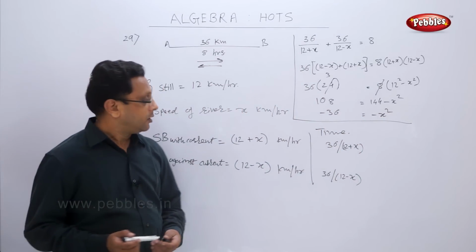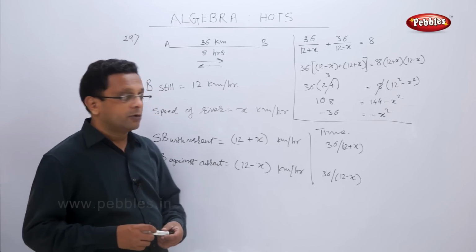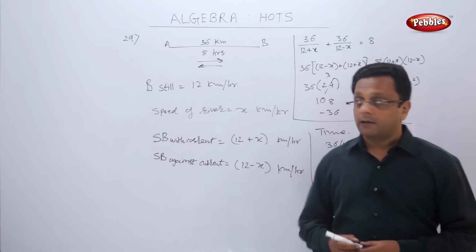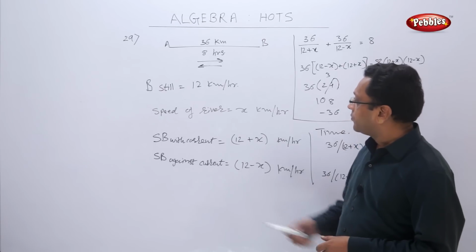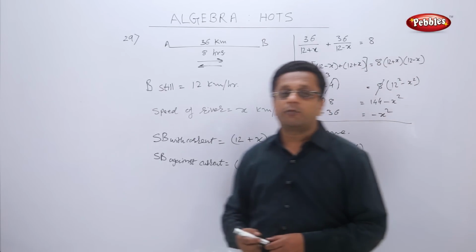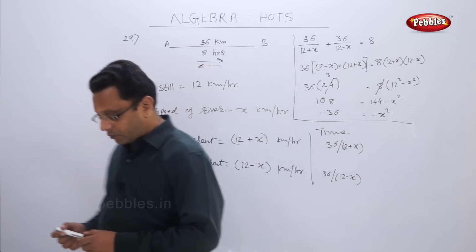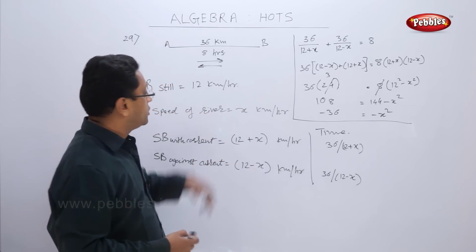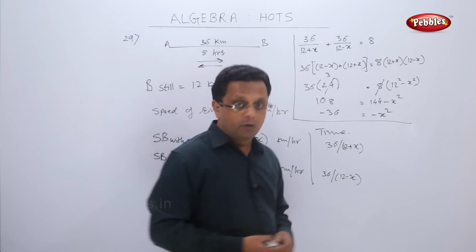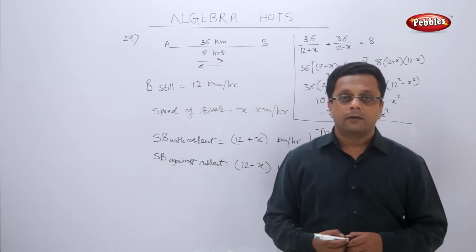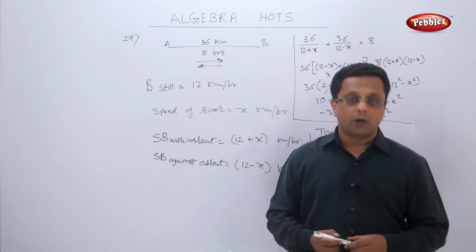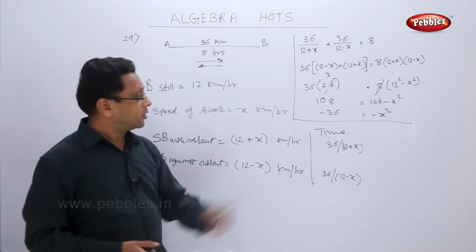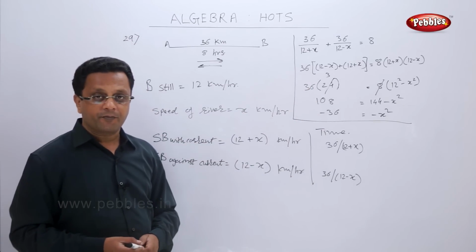Or I will have x square is equal to 36 and x equal to plus minus 6. But speed of the river cannot be minus. So the speed of the current will be 6 kilometers per hour. Right? So please pause your video here and solve this example or these final steps properly, and then we'll move ahead to next example.